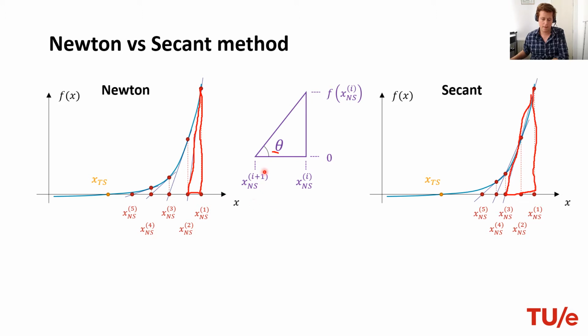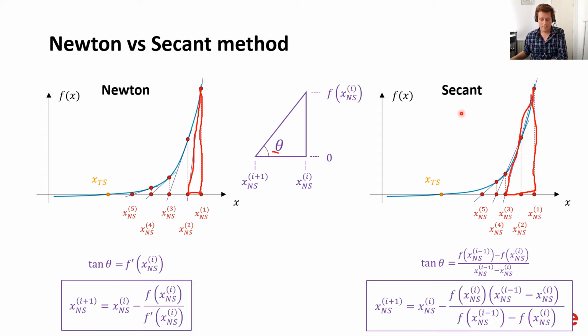Now for Newton's method, the slope of this line is equal to the derivative of f at x in iteration i, whereas this is the secant line for the secant method. So here we have the derivative or the actual tangent, and in the secant, we have the line between points f at x1 and f of x2. So that's f of xi minus f of xi minus 1 divided by the difference between xi and xi minus 1. So that's the slope of this line connecting these 2 points.